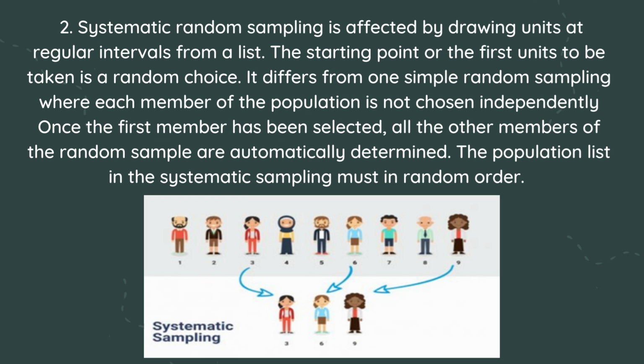Supposing ganito, nag-start tayo ng pagbibilang from Sisirin. Sabi natin, yung pinakadulo ng bahay sa Sisirin will be the starting point. At sabi natin, every 123rd na bahay, yun ang kukuhain natin ng respondents.